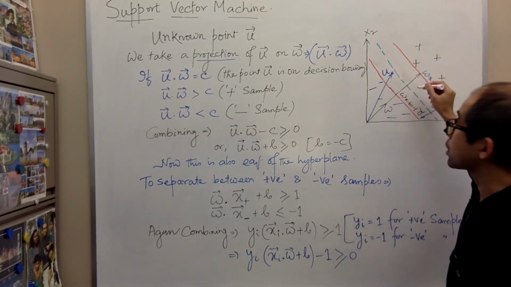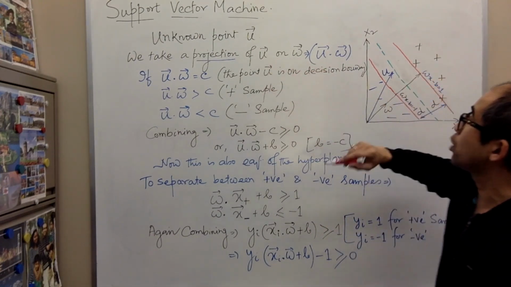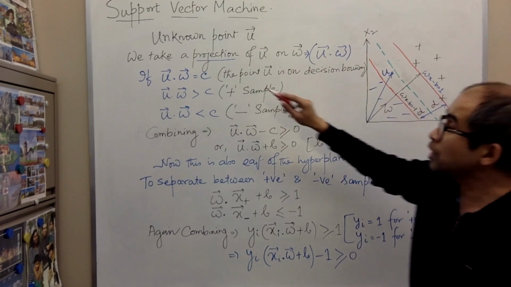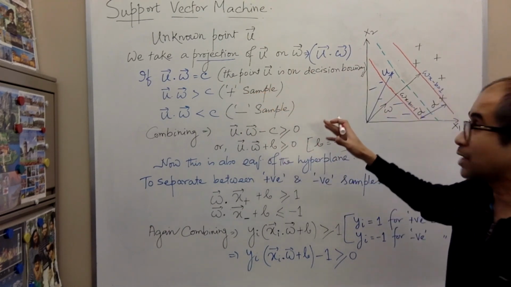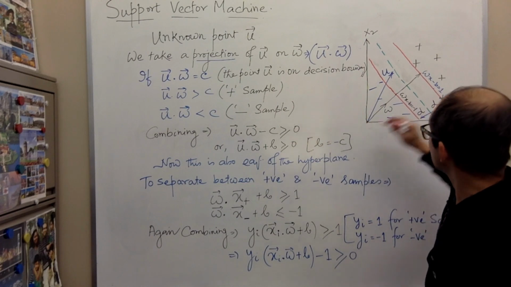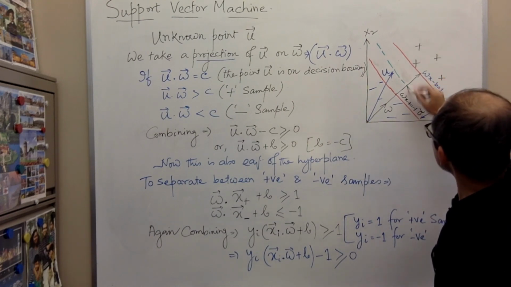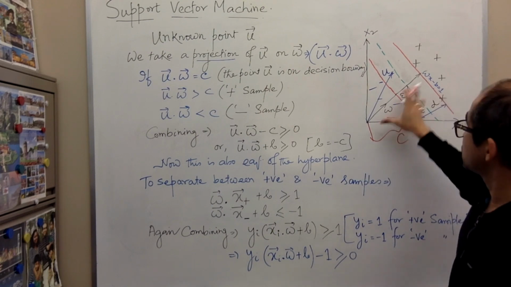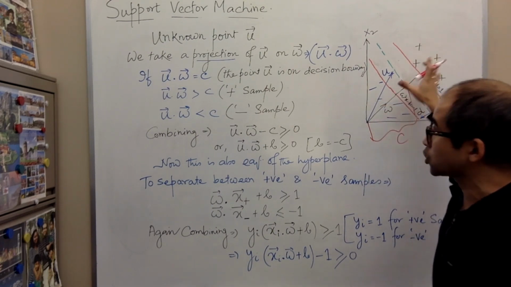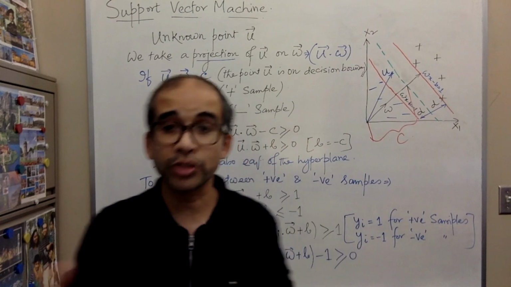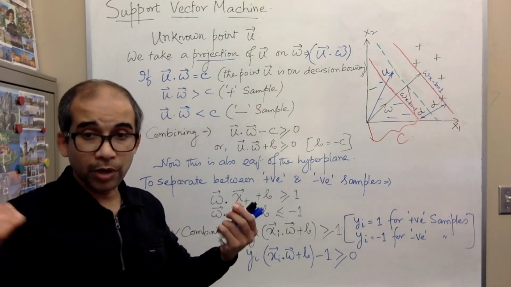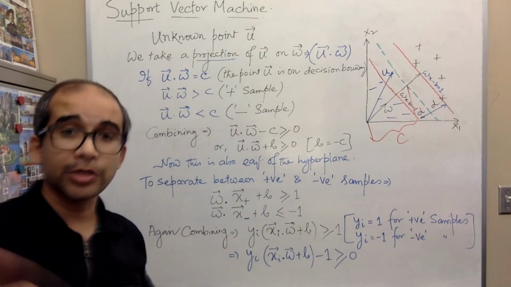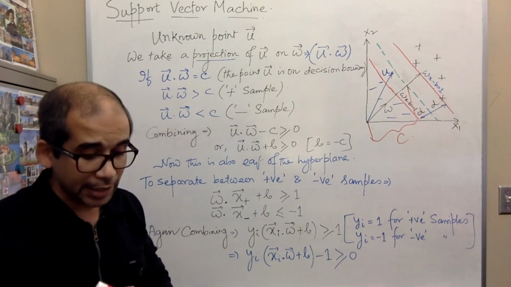So we take a projection of u on W, which is u dot W. So if u dot W equals some constant c, and let's say this is the constant, this part is up to the decision boundary. If it's beyond the decision boundary, then we can say it's a positive sample. If it's on the other side of the decision boundary, this side, then we say it's a negative sample.